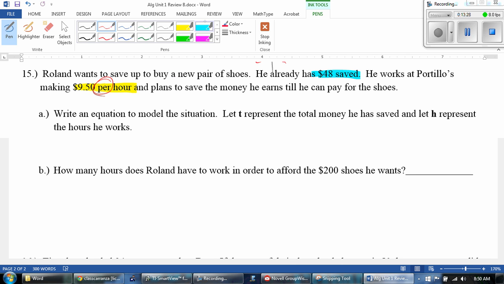Okay, so T represents the total amount of money and H is the hours. Well, how would we write that? Well, the total, that's going to equal how many hours he works at Portillo's plus the money he already has. So T equals 9.50H plus 48.